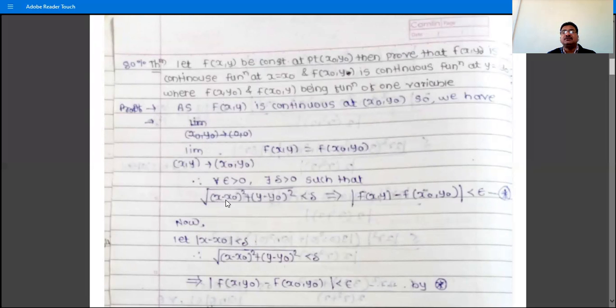That is what we have to show: |x - x0| < delta implies |f(x, y0) - f(x0, y0)| < epsilon.